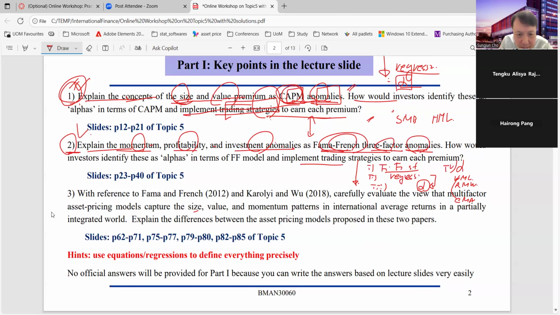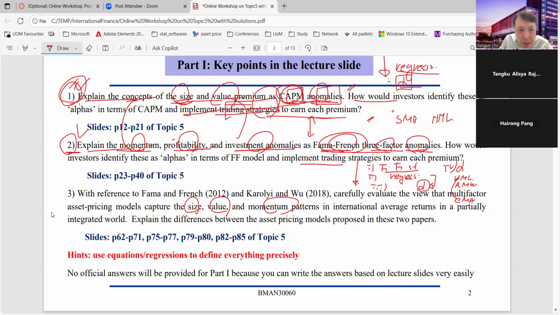You will see there are size premium, value premium, momentum premium, even profitability premium and investment anomaly in the international stock market. So what you learn in the US stock market is not unusual. You will find similar anomalies in international investment too.